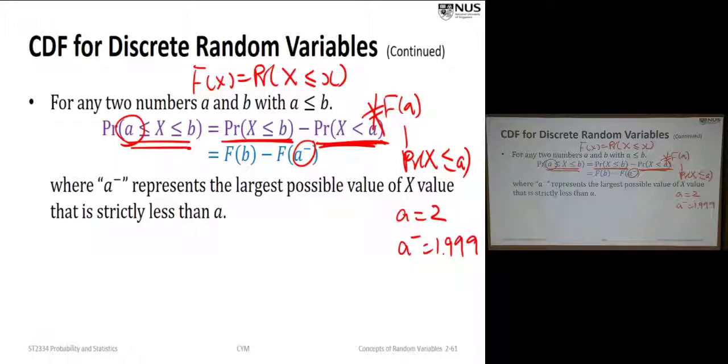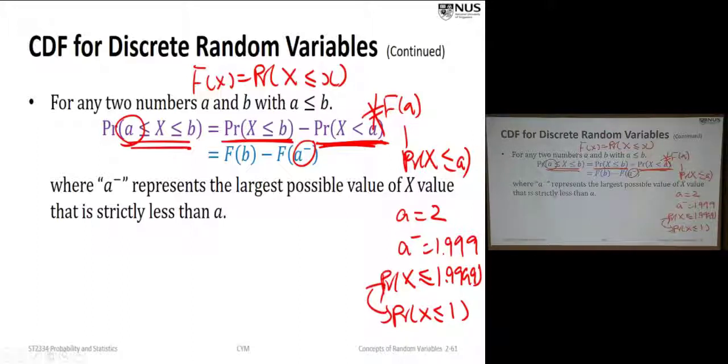But for our context, a discrete random variable, usually the range of x takes integer values. So is the probability of x less than or equal to 1.99 the same?